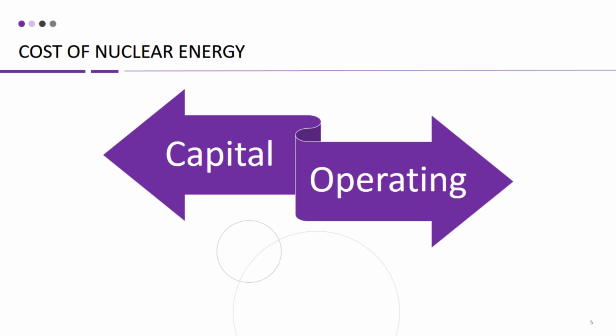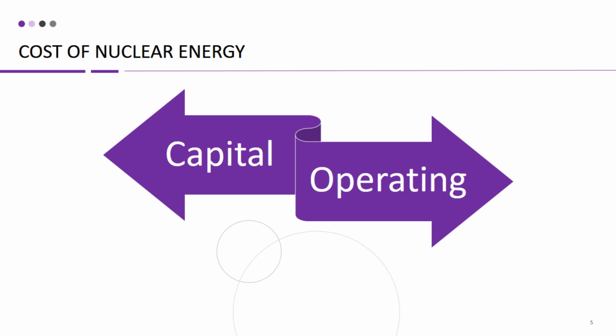Operating costs refer to the ongoing expenses associated with running a nuclear power plant, including fuel, maintenance, and staffing. Nuclear power plants require significant amounts of water for cooling, which can be a costly expense in areas with limited water resources. In addition, the cost of storing and disposing of nuclear waste is also considered an operating cost.